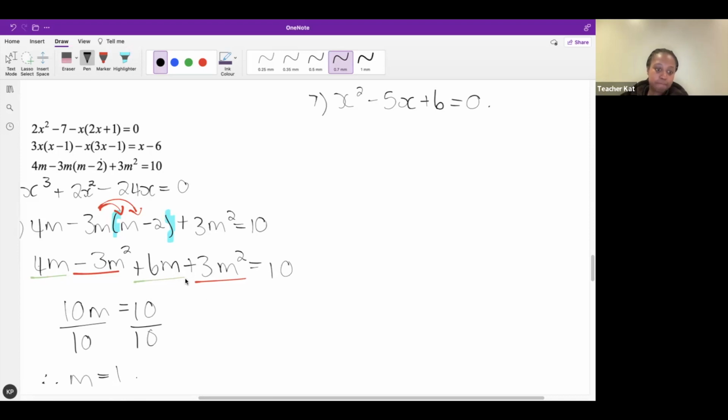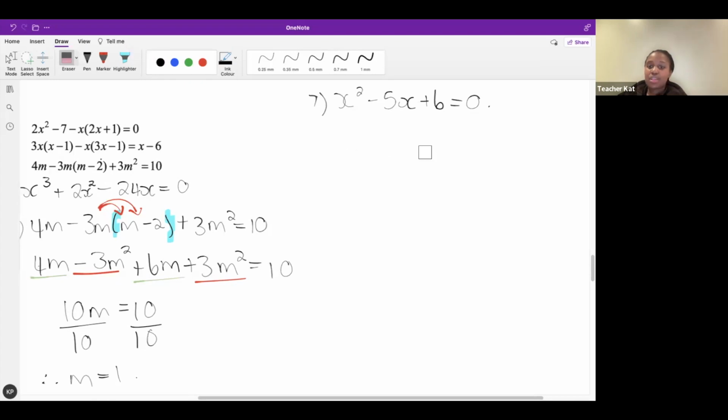Anyone? Negative 6. Okay, I'm going to move it. X squared minus 5x equals negative 6. Has that solved our problem? Ah, Jason, you genius, you.